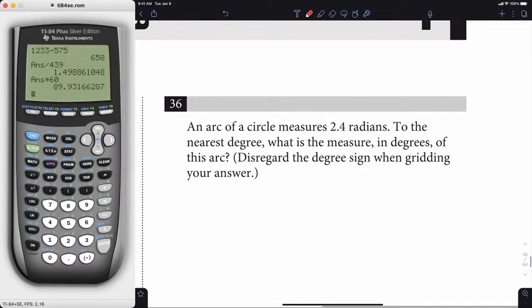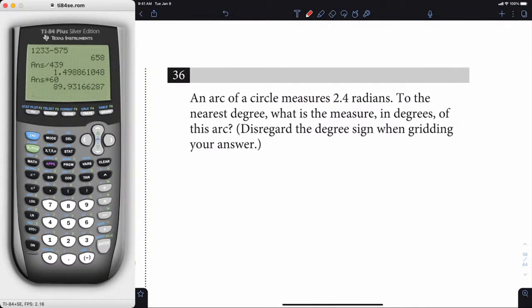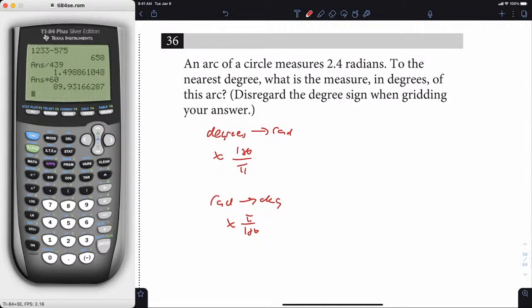An arc of a circle measures 2.4 radians. Find the measure to the nearest degree. So when you go from degrees to radians, you're going to be multiplying by 180 over pi. And when you go from radians to degrees, you're going to be multiplying by pi over 180. In this case, we're going from radians to degrees.